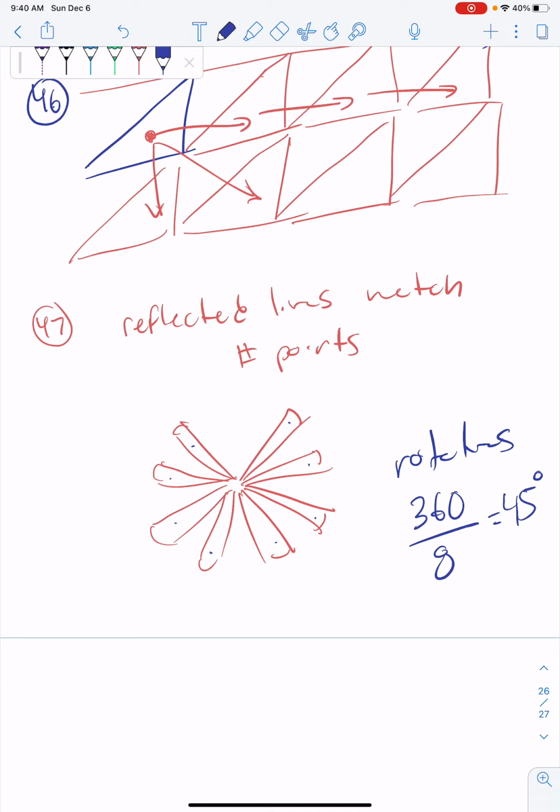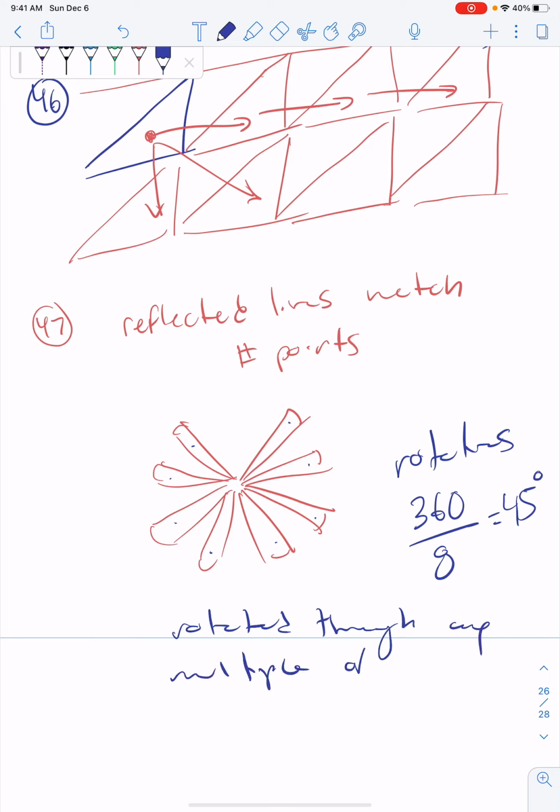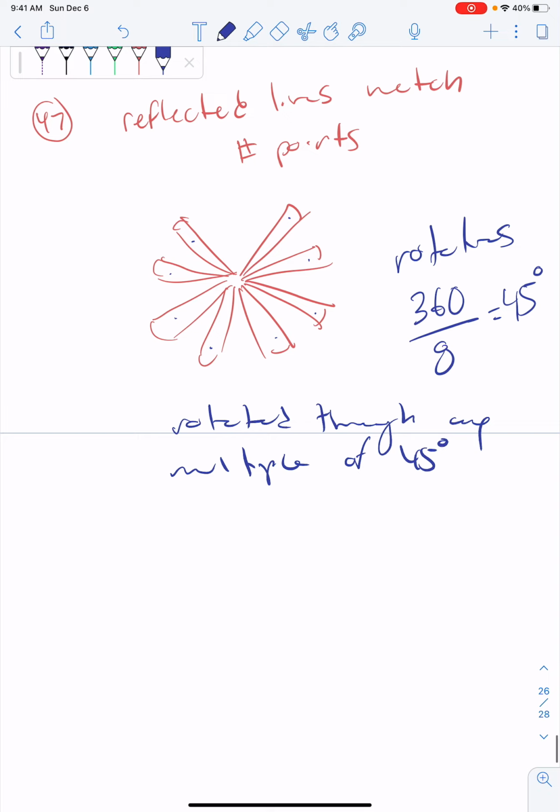So I can rotate my shape 45 degrees over and over as many times as I want, and it's going to be the same shape. So I can say that it can be rotated through any multiple of 45 degrees. And remember, the translated one, even though it seems like it should work, it doesn't work. So those are going to be the only 2 answers that I use.